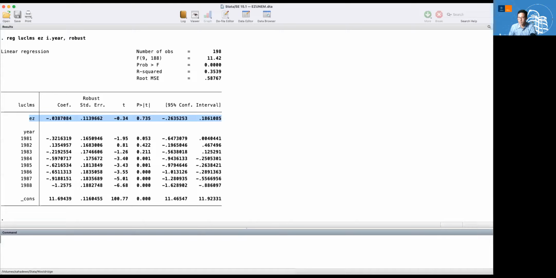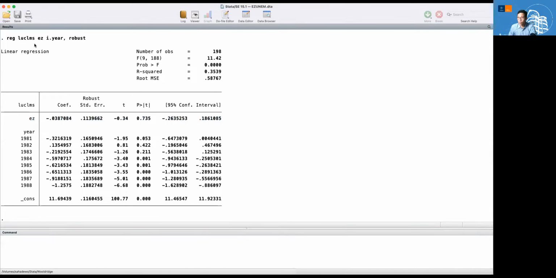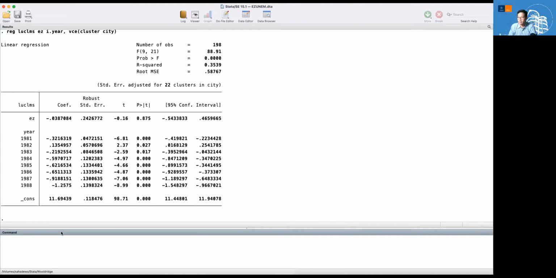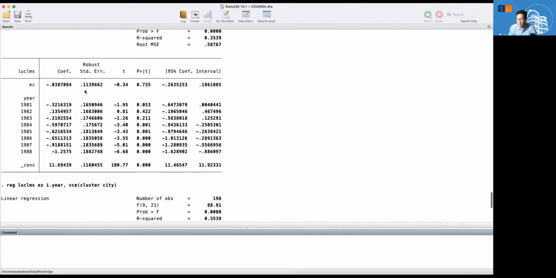But what we can do is also run the same regression, but try to accommodate the fact that the unobserved covariates are correlated across time. We're going to use the cluster robust standard error. Now take a look at the estimated standard error.